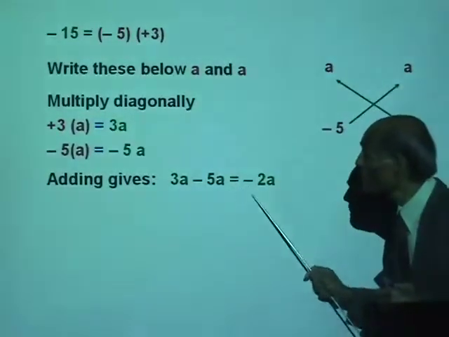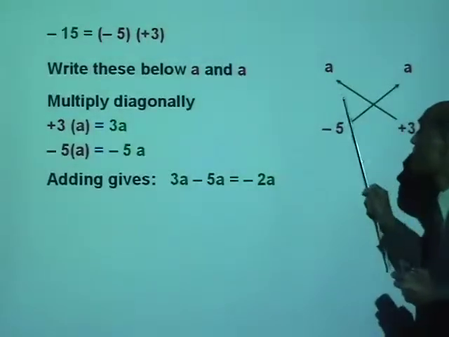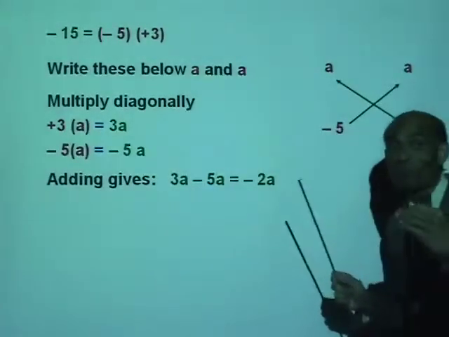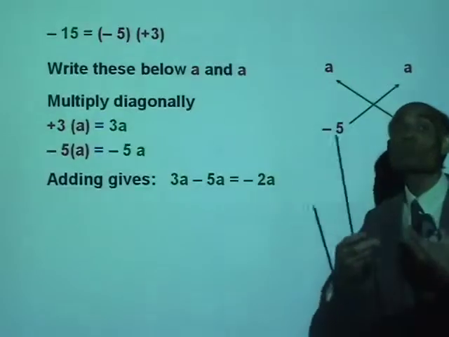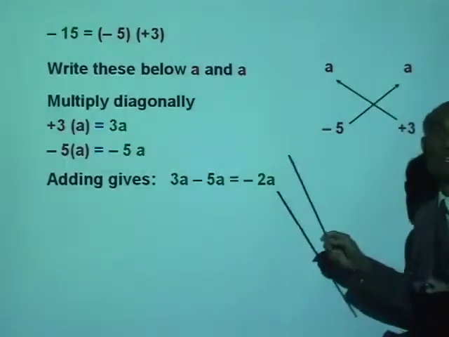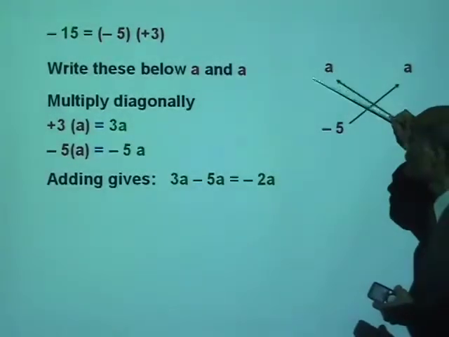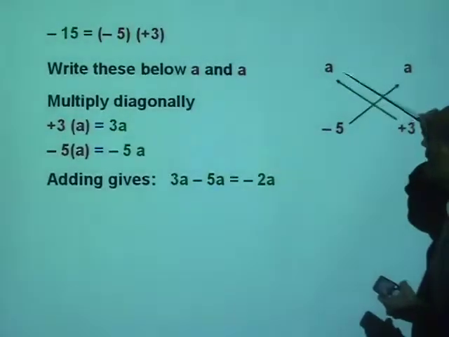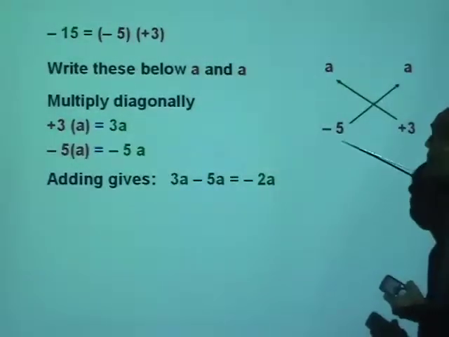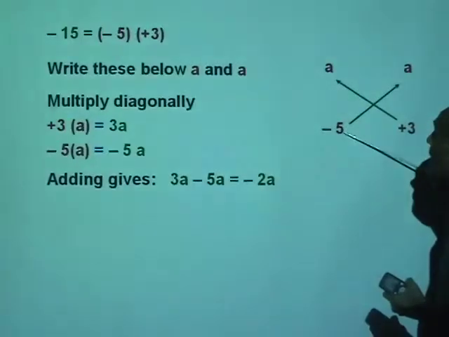Now we got the middle term. That means we have placed them all in their proper positions. How do we pick our factors? Factors are picked vertically. What is the first factor? Our first factor is a minus 5.